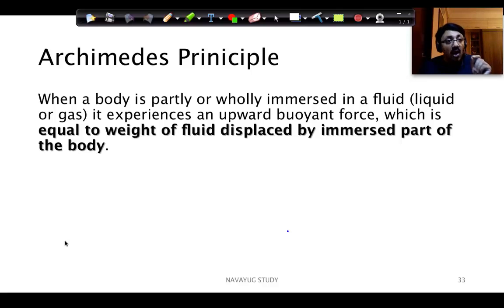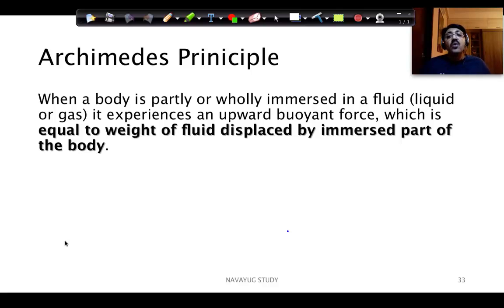So this law of buoyancy applies to fluids, which could be liquids or gases. I hope it's clear. Students, is it clear? Yes. Okay, fine. So when a body is partially or wholly immersed in a liquid or gas, that is, in a fluid, it experiences an upward buoyant force which is equal to the weight of the fluid displaced by the immersed part of the body.